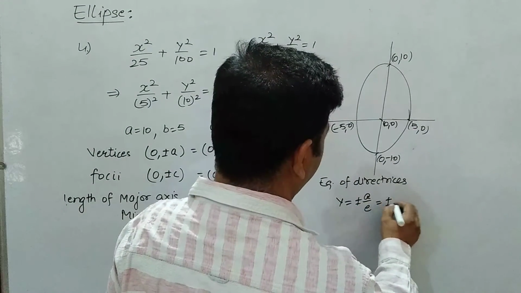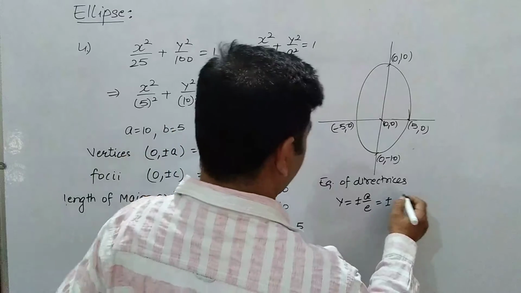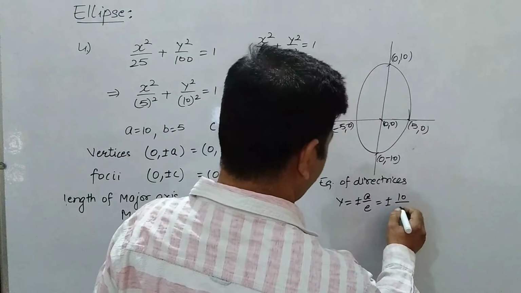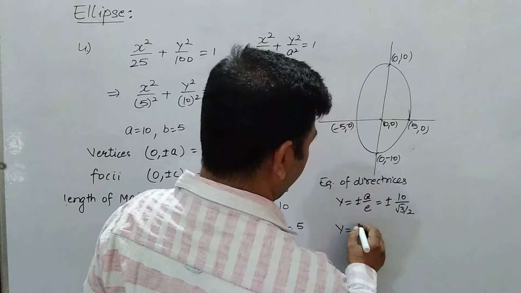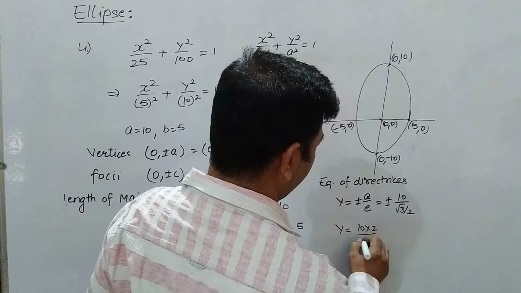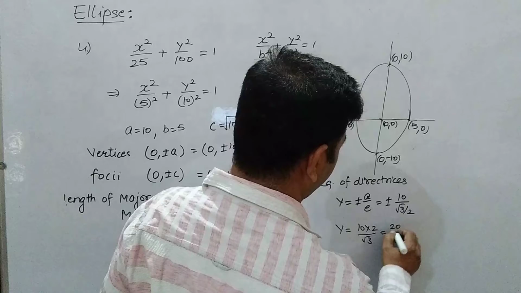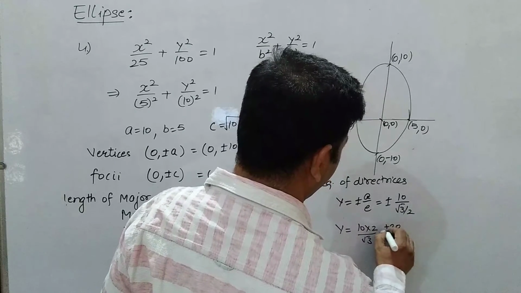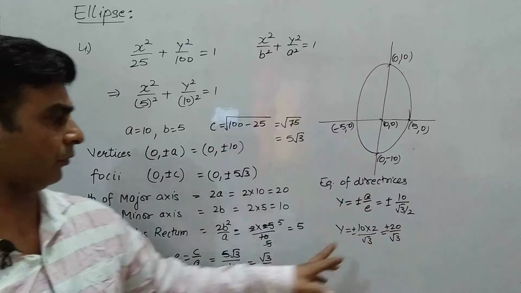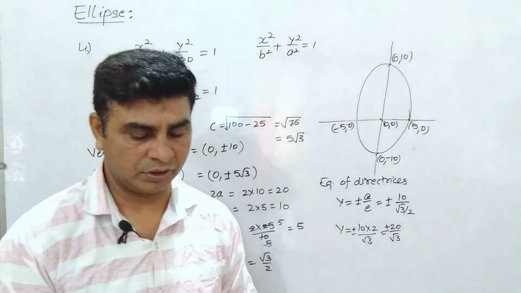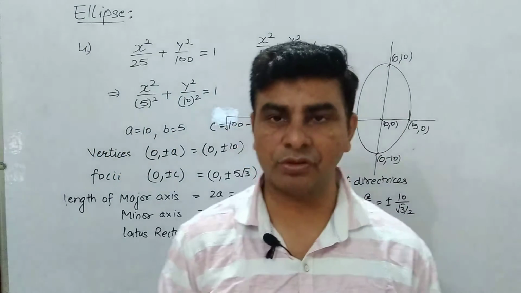What is the value of a, children? a is 10 and e is root 3 by 2. So the value of y will be 10 into 2 by root 3, which is plus minus 20 by root 3. So this is the equation of the directrices. In this way we can do other questions as well.